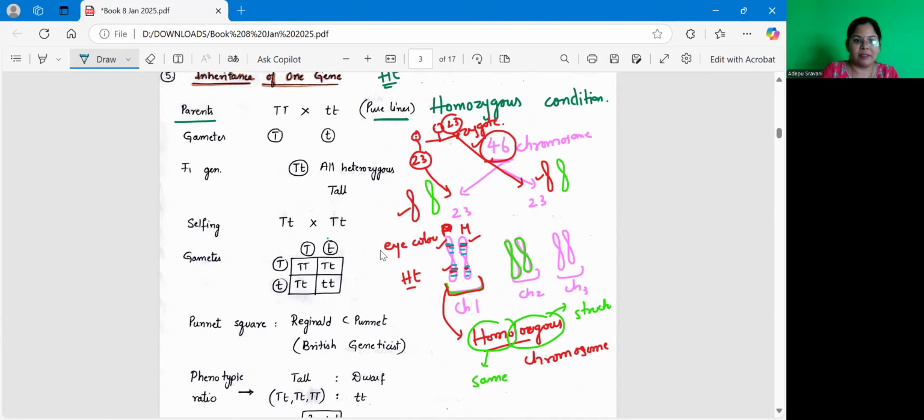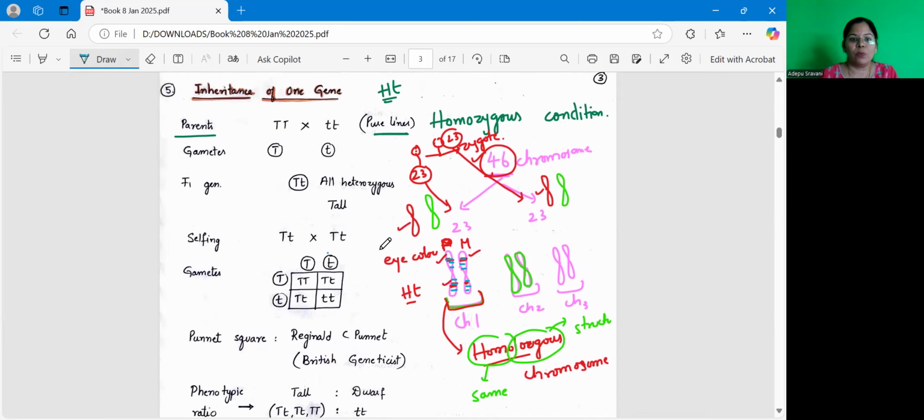Now, coming to these parents again. So, this is inheritance of one gene. Now, why have I written capital T 2 times here? Parents are diploid. Okay, so diploid will have homologous chromosomes. So in one set of chromosomes, let me write like this. We have one pair of chromosomes like this. Okay, let us consider this is chromosome number 2.